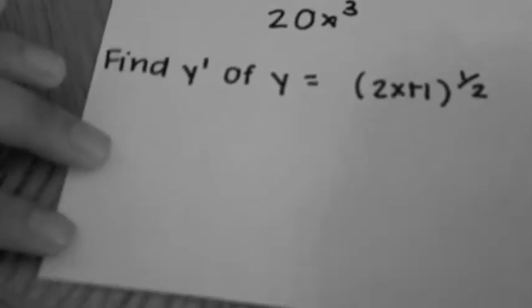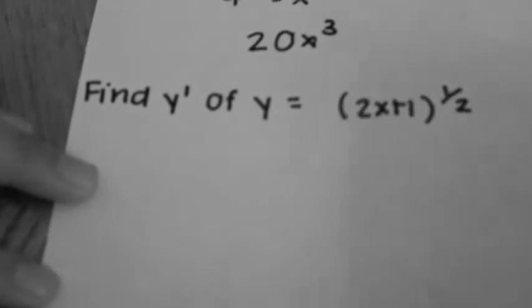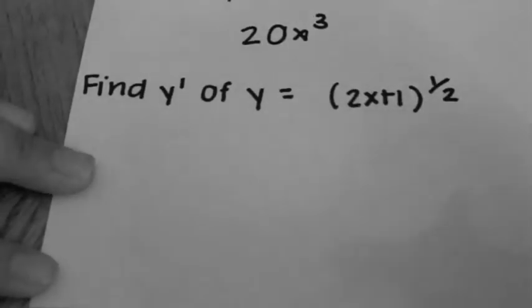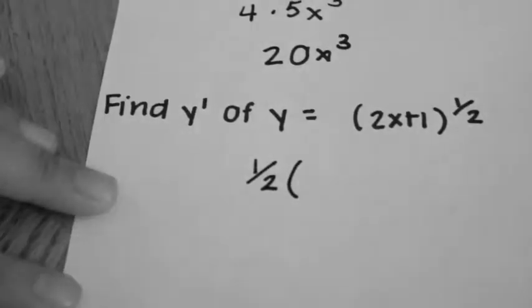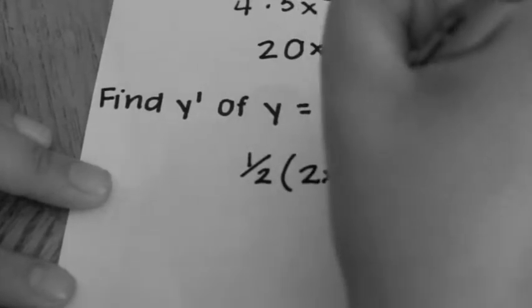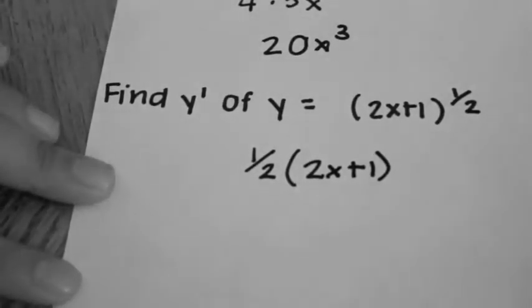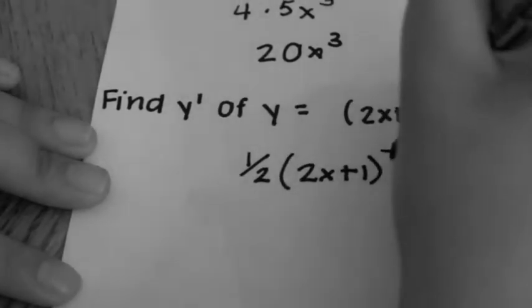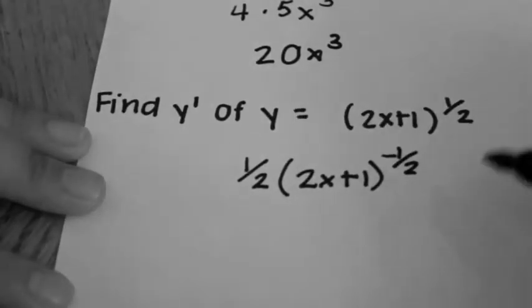For something like this, find the derivative of 2x plus 1 to the 1/2 power. You multiply 1/2 down, because that's your exponent. Multiply by 2x plus 1 to the power of negative 1/2, because you're subtracting 1 from 1/2.